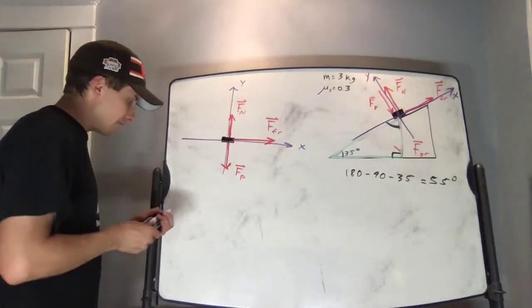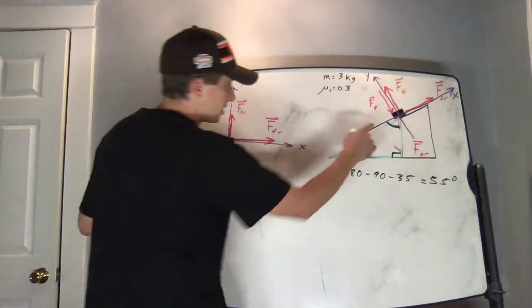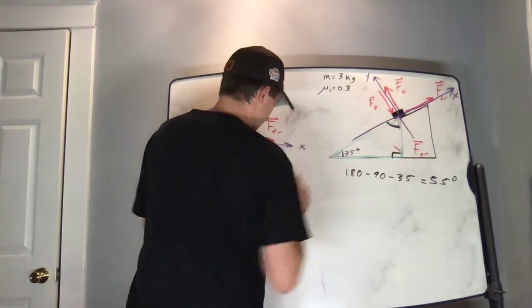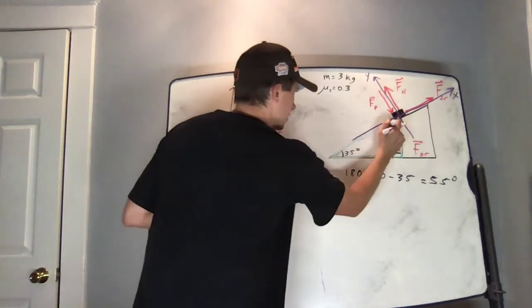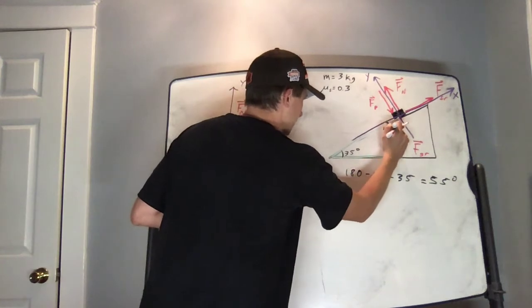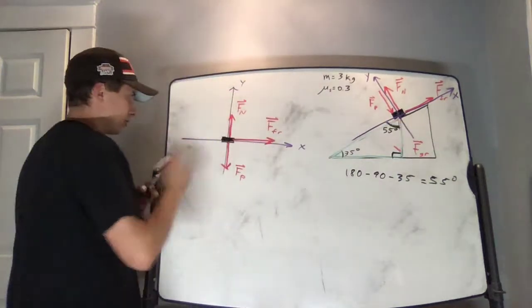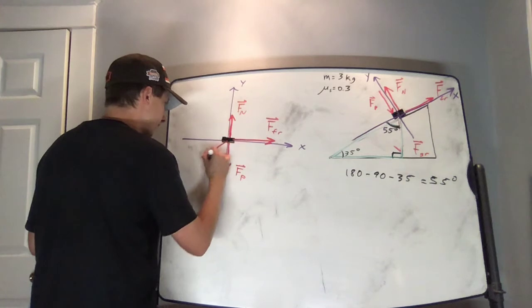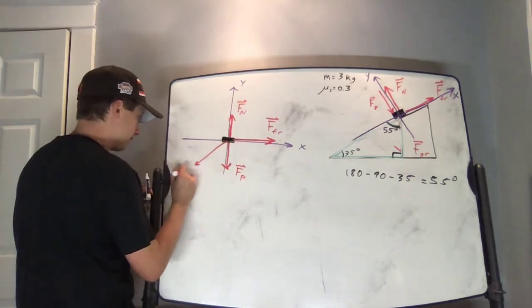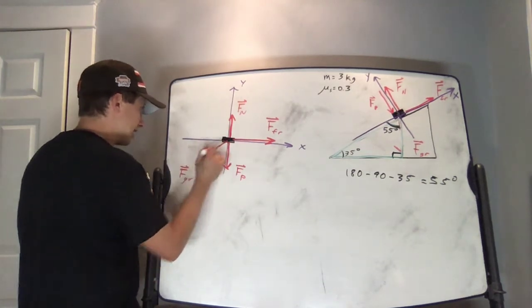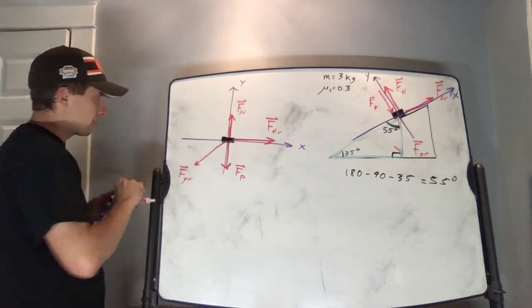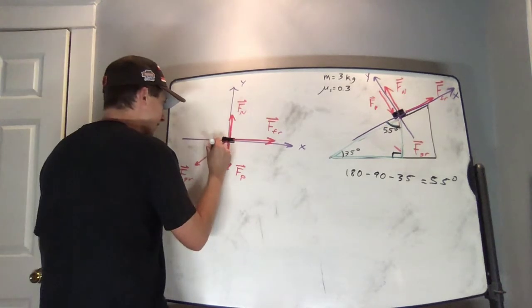So the force of gravity will be 55 degrees away from the negative x-axis. So this angle here is 55 degrees. Here is the force of gravity. And this angle I drew over here is 55 degrees.